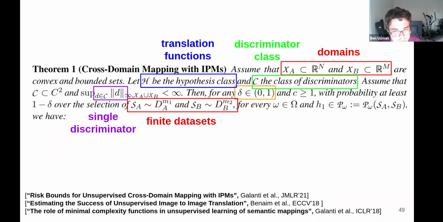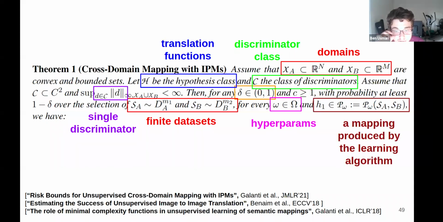Delta is some probability with which our bound holds. Small omega is a concrete set of hyperparameters, and large omega is the set of all possible hyperparameter settings. P omega is our learning algorithm, parameterized by this small omega hyperparameters that takes two data sets and returns a function h1 that minimizes the domain shift between transformed dataset A and dataset B.